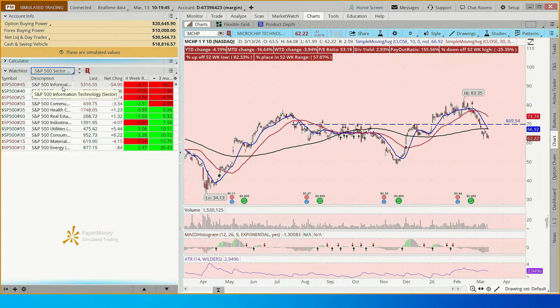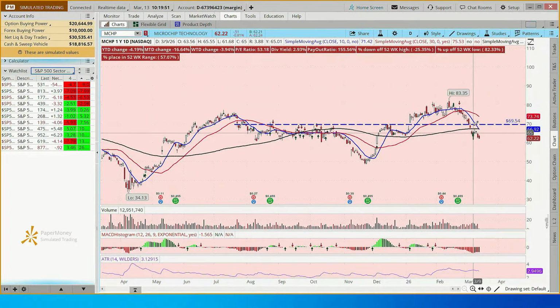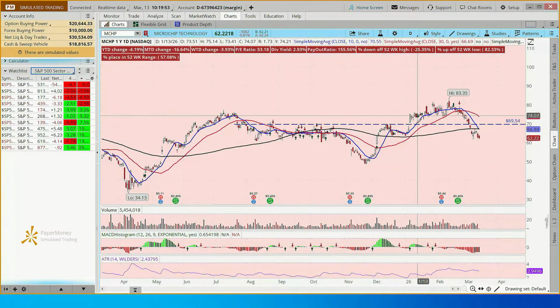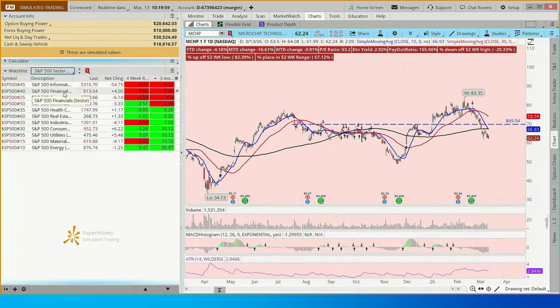Well, maybe we'll look at who's in the doghouse right now, and that's tech. And financials haven't been doing so hot either. Financials have been right at the back of the bus with technology. So we're going to look at a couple of financial stocks as well.